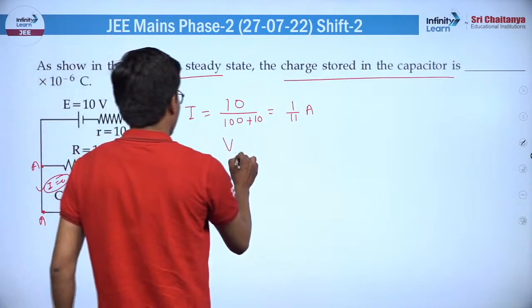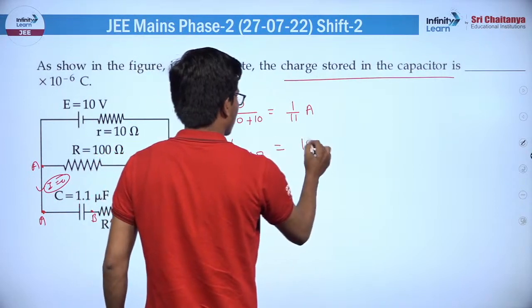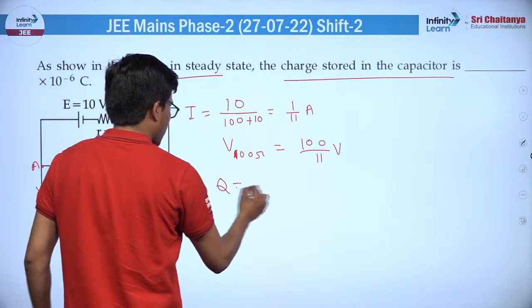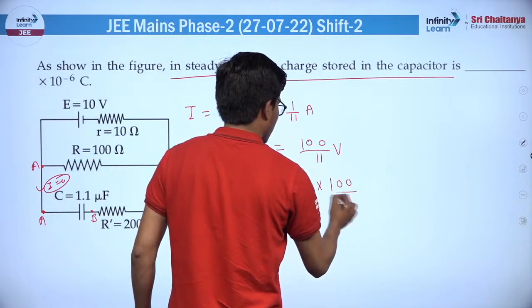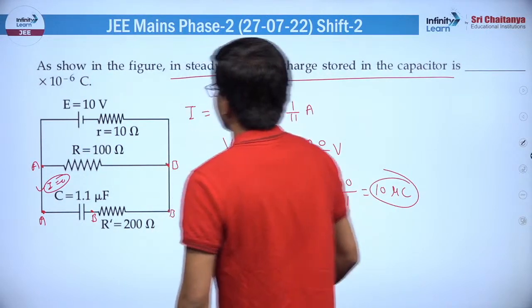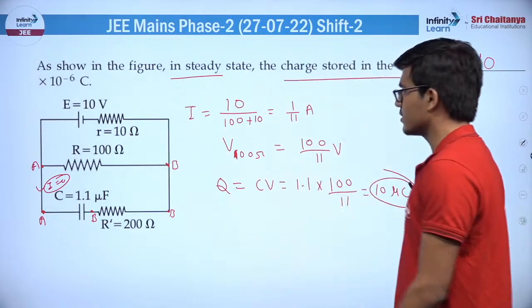So the potential difference across 100 ohm is I into R, that is 100 by 11 volt. Okay, so the charge I can write as C into V. C is 1.1 and V is 100 by 11, so it is actually 10 microcoulomb, right? So 10 into 10 to the power minus 6 coulomb should be my answer.